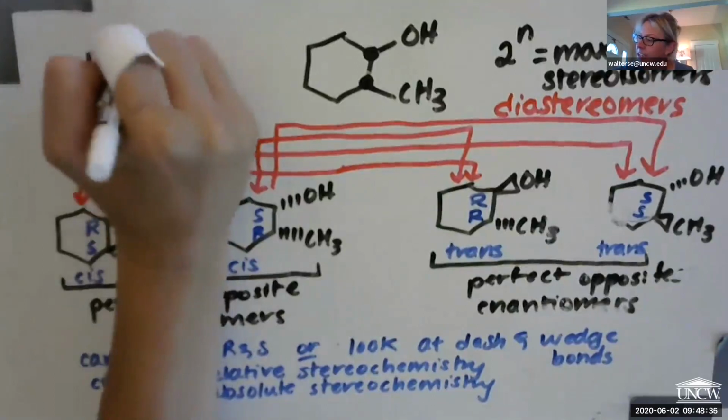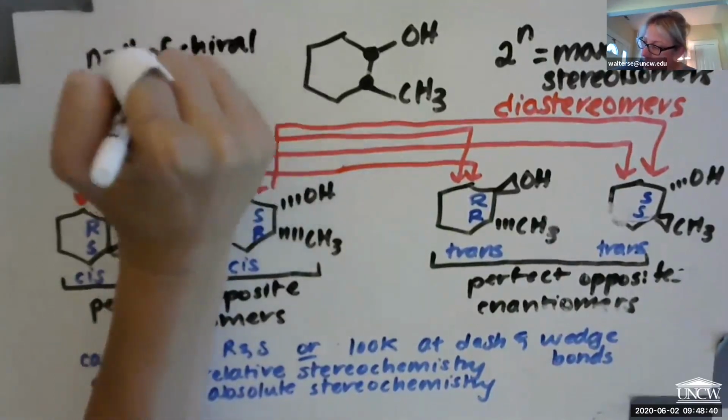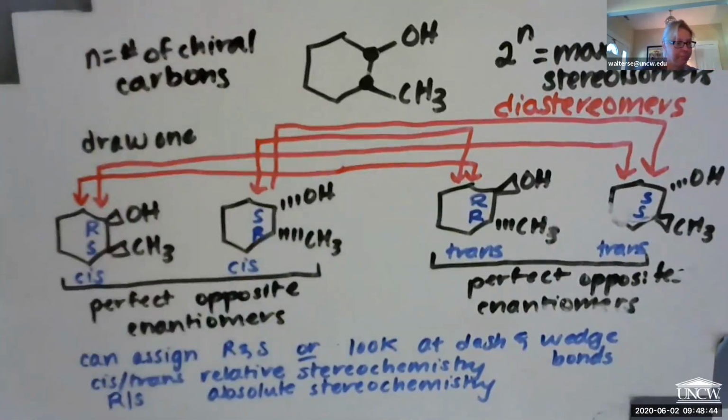And n is the number of chiral carbons. Any questions about that before I give you two?